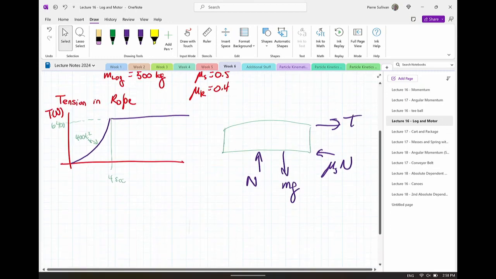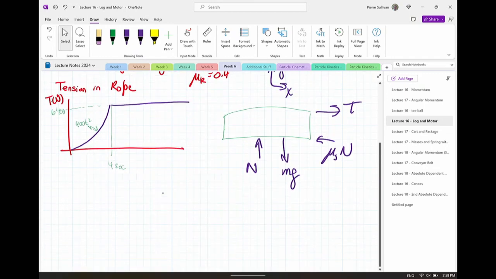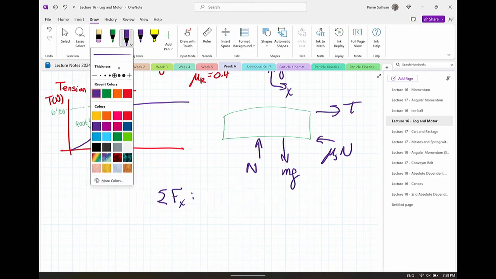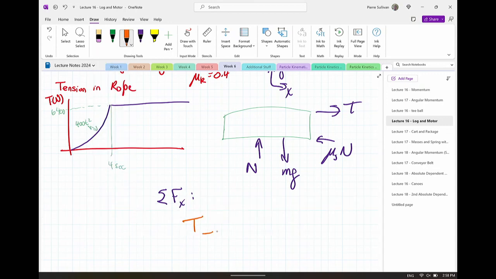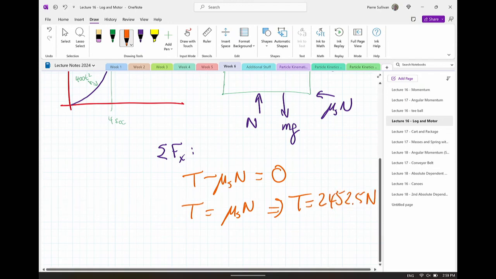So if I do sum of forces in x, I will get T minus mu sub s N is equal to 0, and T in this case will be mu sub s N, which yields, if you put numbers in and solve for the weight and all the rest, 2452.5 newtons.